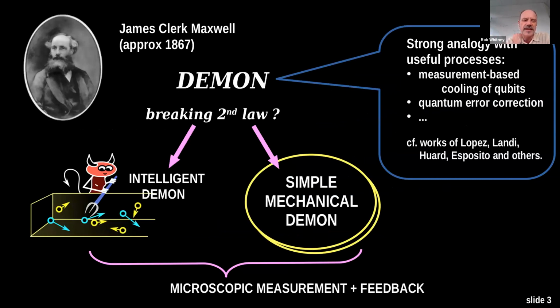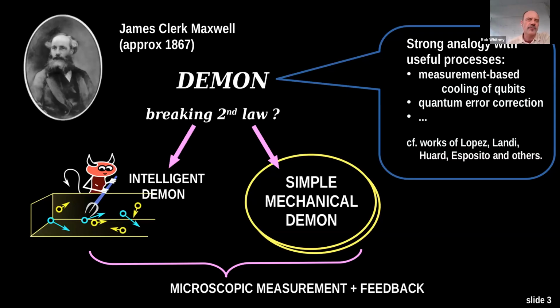He actually proposed two things. One is an intelligent demon who actually observes microscopic motion inside the gas, and this is the one we all know very well. But he was also thinking about mechanical analogues of such a demon that could be actually built with existing technology or future technology, and they're all based on some sort of microscopic measurement and feedback mechanism.